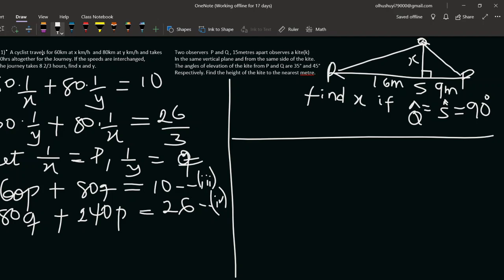So we're going to be having 60p plus 80q equals 10, and 180p plus 240q. Then I have 240p plus 180q, not the 26.